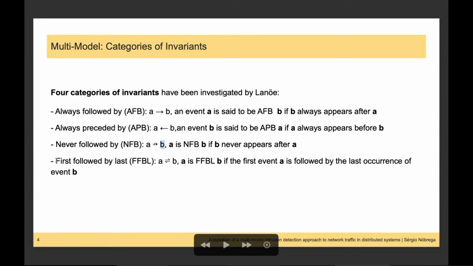And it says that A is first followed by last B. Basically what we say is that the event A is first followed by last B. If the first event A, so the first event ever A that occurs, is followed by the last occurrence of B. So, for example, if we have event A occurring after the last B, then this invariant would not be verified, let's say.